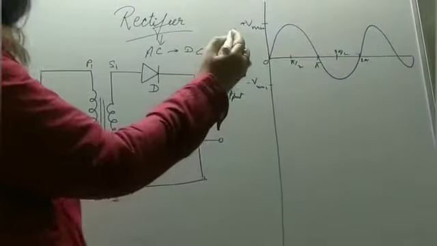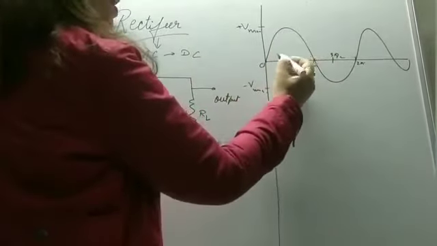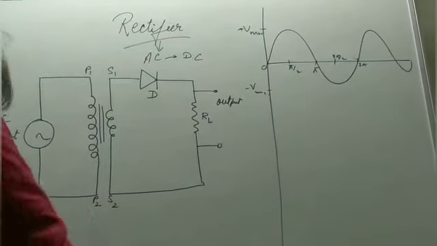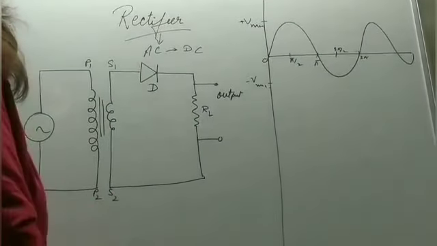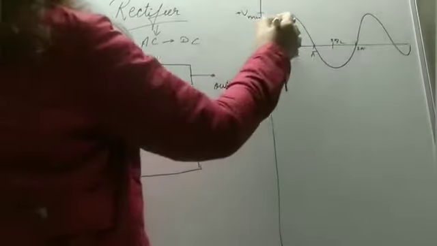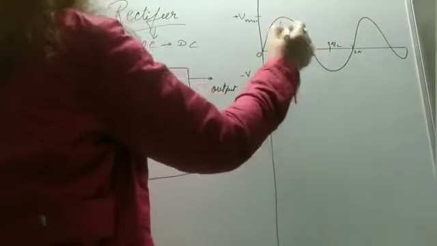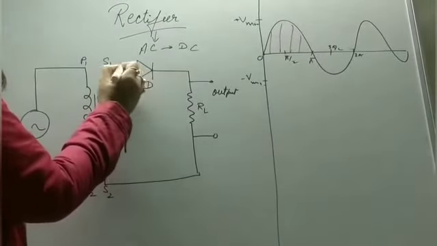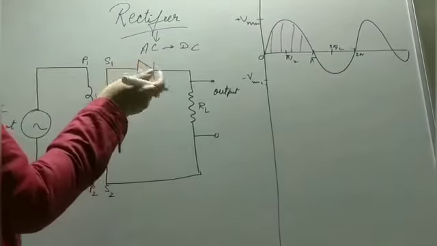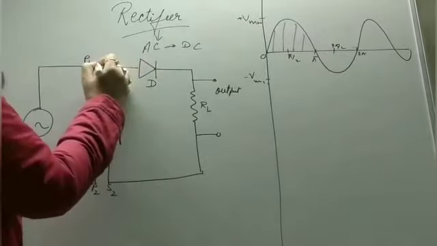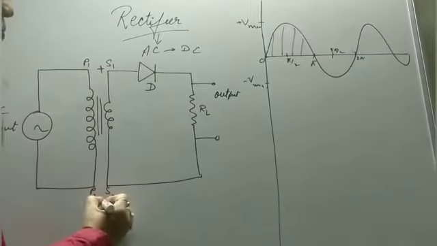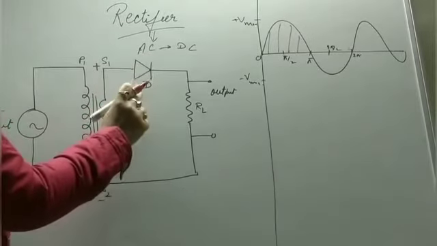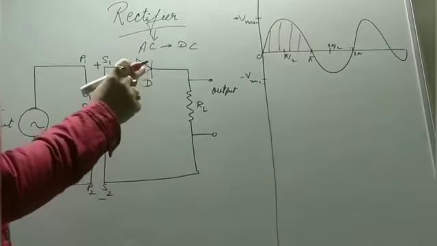Now children, what happens in the first positive half cycle? You can well see from the diagram. In this positive half cycle, is this diode D forward biased or reverse biased? If this is your plus and this is your minus, yes, you can see this is the right connection. That means the diode is in the conducting state.